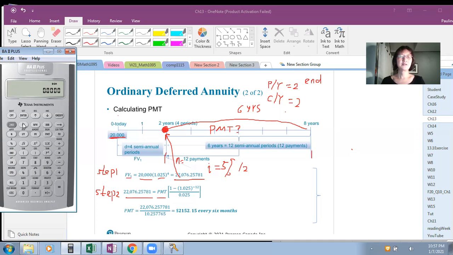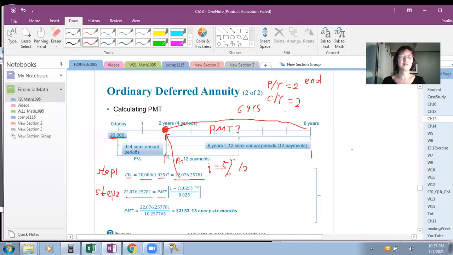And now, enter 20,000 as the present value, 20,000 is PV. Interest is 5. N is 4. Here, see, N is 4.